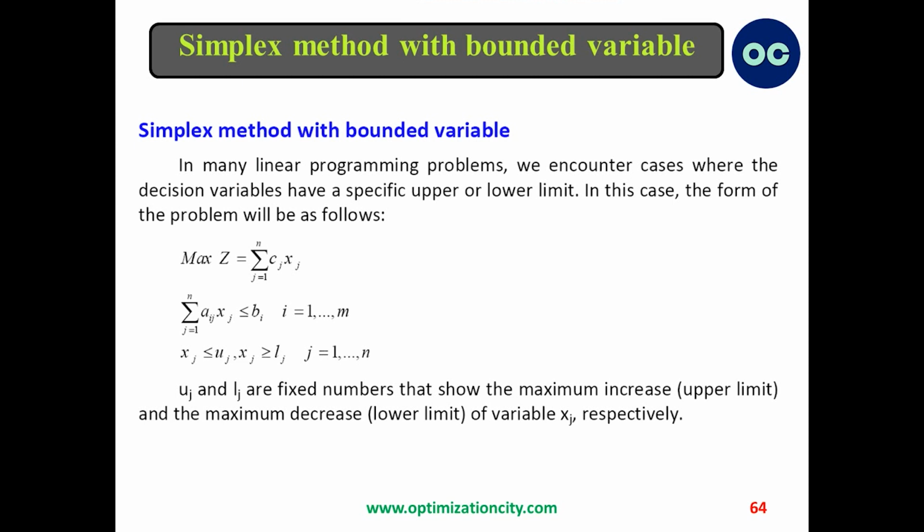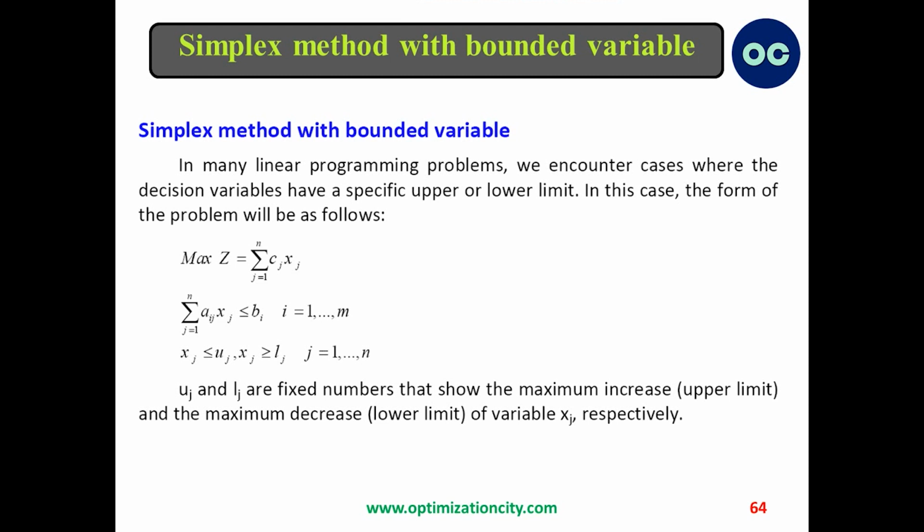The simplex method with bounded variables is used in linear programming models where the decision variables have an upper bound or lower bound, where uj and lj represent the upper and lower limits of the variable respectively. Treating bounded variables in the same way as other constraints can be time consuming because the number of constraints has a significant impact on the computation time.